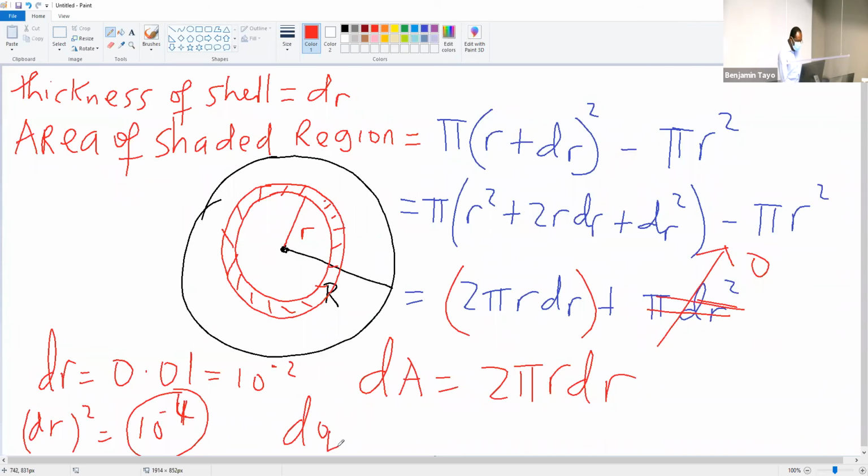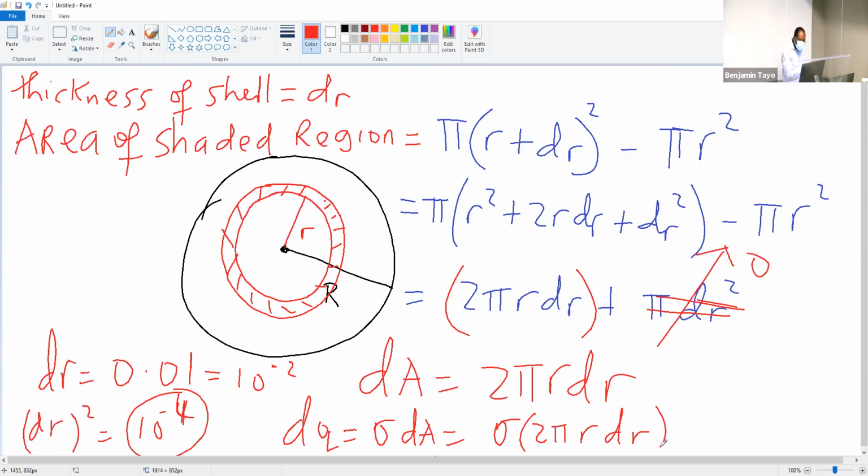How much charge do you have in that region? It's sigma times dA, and this would be sigma times 2 pi r dr. So that's what you're going to use when you calculate the electric field from a disk.